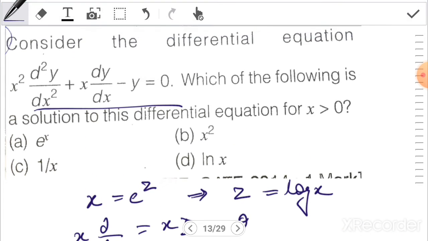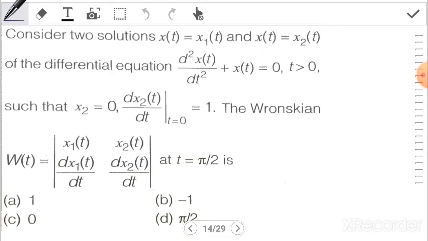So here C is the most appropriate answer, right?